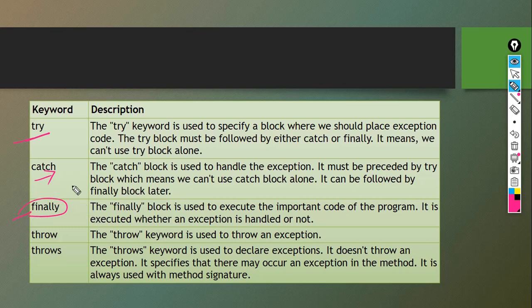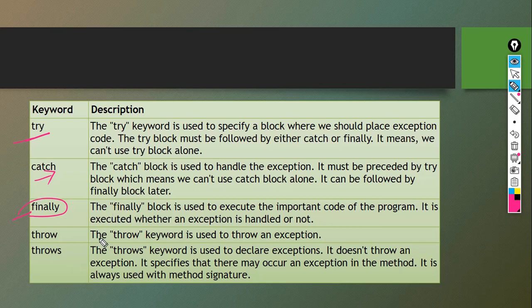So one of the two must be there if we use try. If you don't use try, then there is no problem if neither is there. But if we use a try block, we must have at least one catch block, or only one finally block. In your program, the catch can be multiple. You can have multiple catch blocks one after another, but in the case of finally, only one finally block is permitted. So in a single block of code, you must have only one finally block.